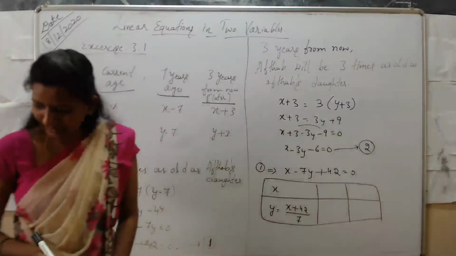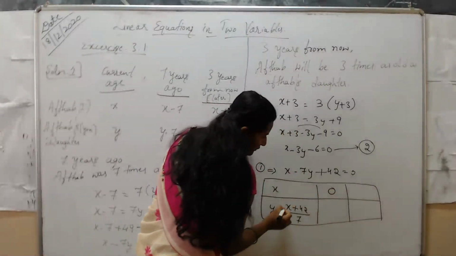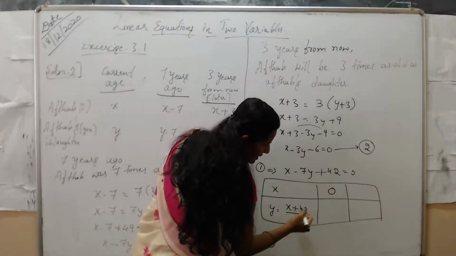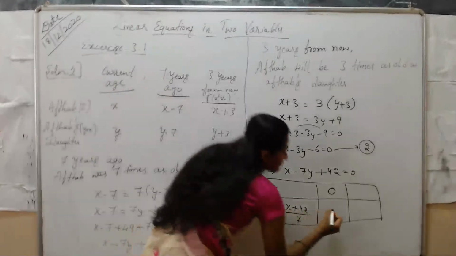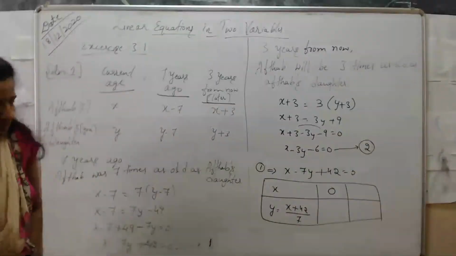I am taking x as 0. First x as 0. If you take x as 0 here, what is the value of y? 7 1s are 7, 7 5s are 35, 7 6s are 42. I will write on the left side.